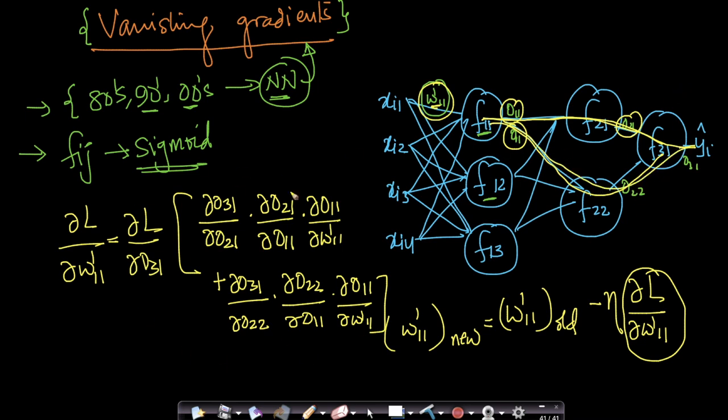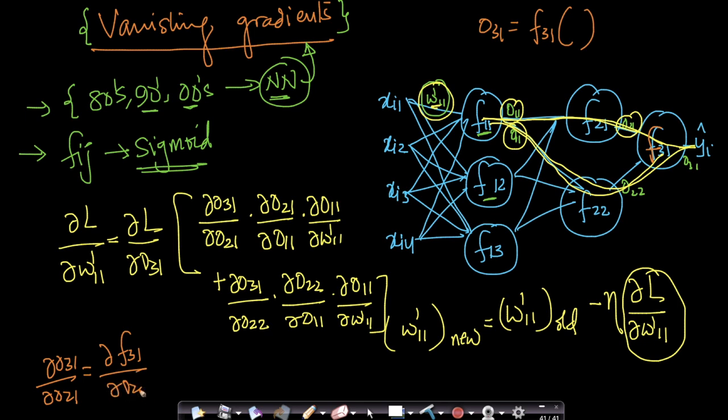So if you notice in these whole derivatives, O31 is basically an output of your function. What is O31? O31 is basically applying F31 on the inputs that you get. So the derivative of O31 with respect to O21 is nothing but the derivative of F31 with respect to O21, because O31 is nothing but the output that F31 is generating.